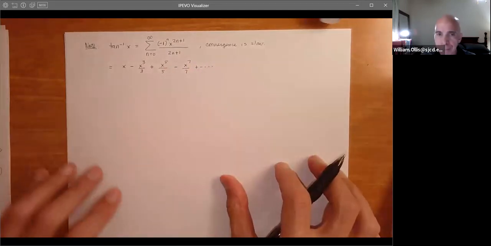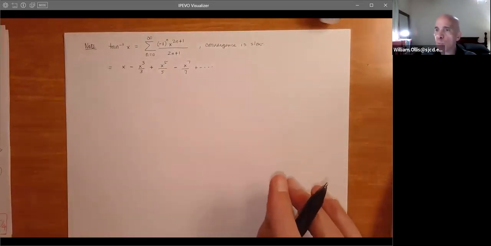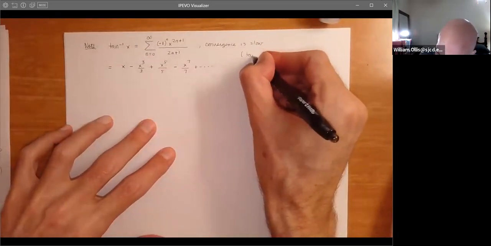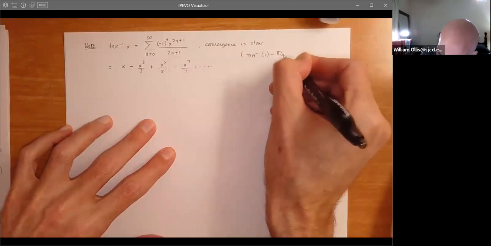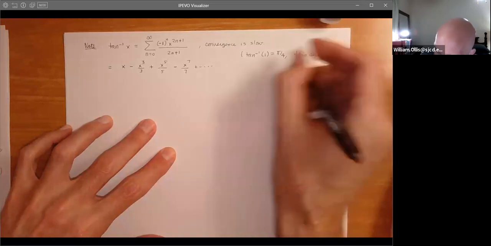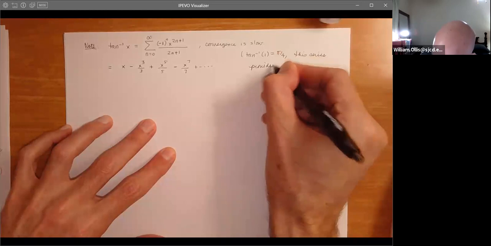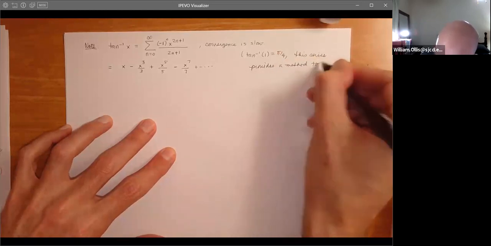That's the pattern. And since the inverse tangent of 1 is pi over 4, this series provides a method to approximate pi.